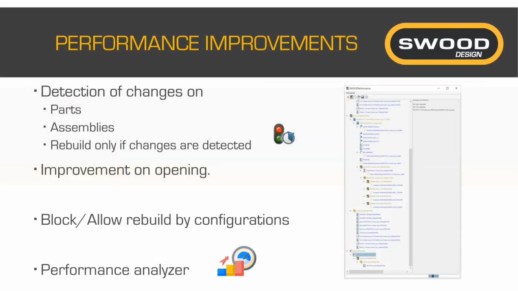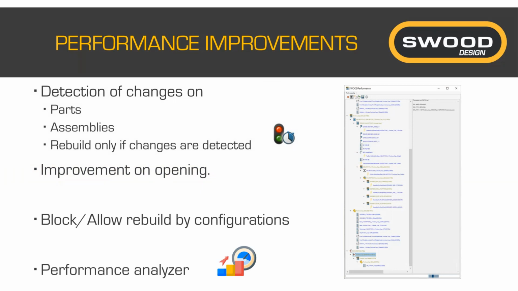And first of all, let's see something about the performance improvements we have done with this new version. We know that performance is a key topic when we discuss a CAD solution.